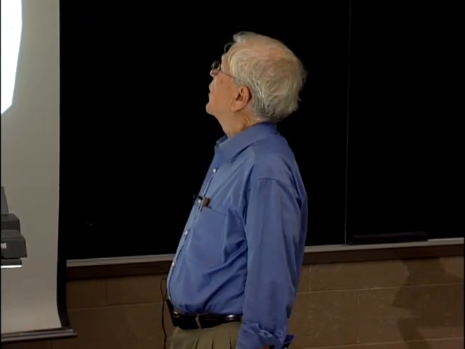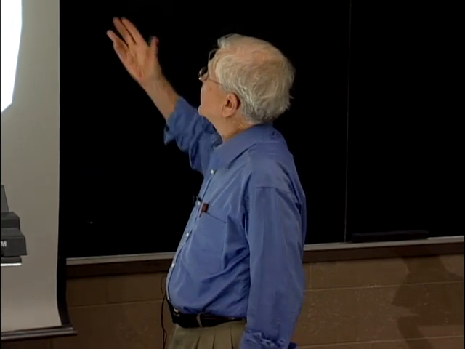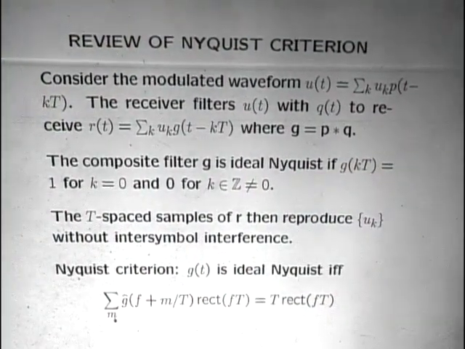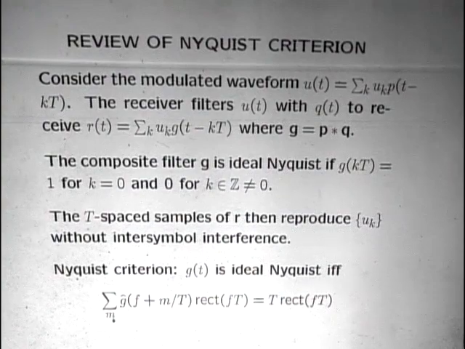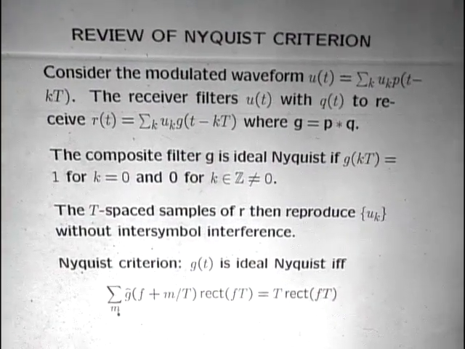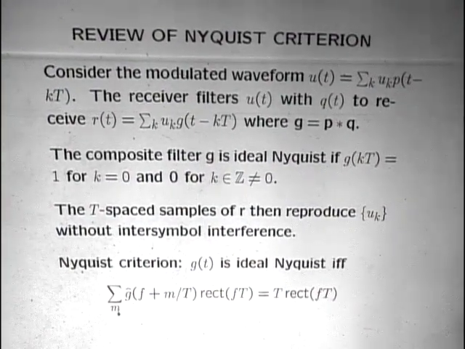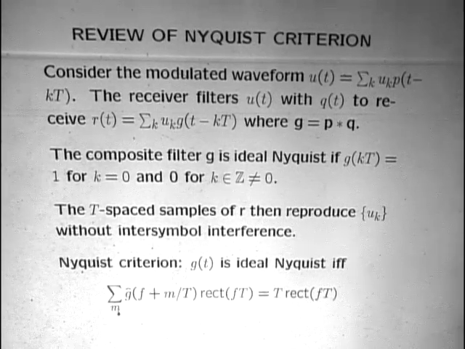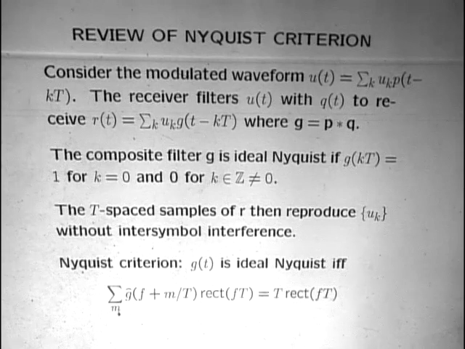what we want to do then is to find some composite filter G, which is what happens when you take the filter P, or the pulse P, pass it through a filter Q of t. What you get is a convolution of P and Q, and therefore what comes out after this filtering is done is a received waveform, which is just a sum over k of U sub k times G of t minus kT.